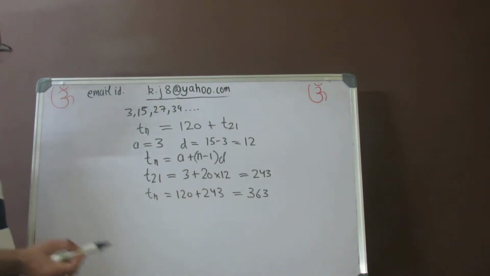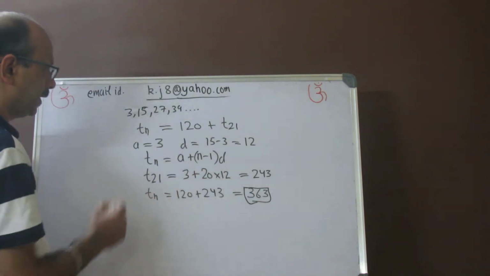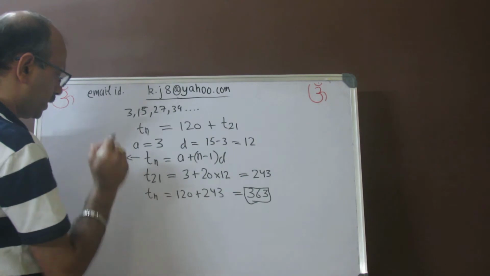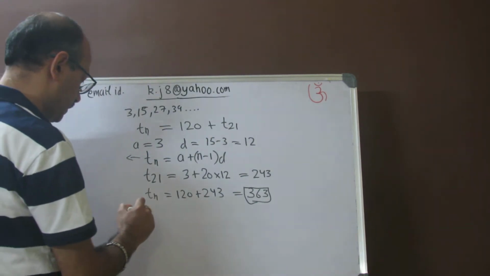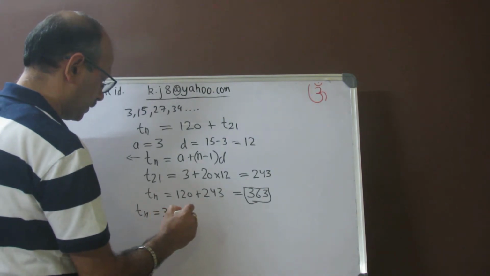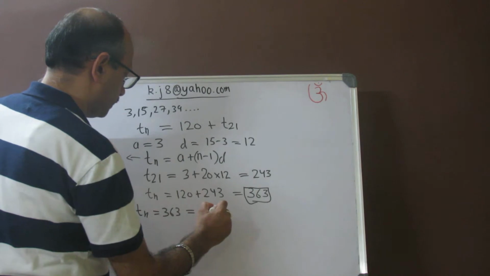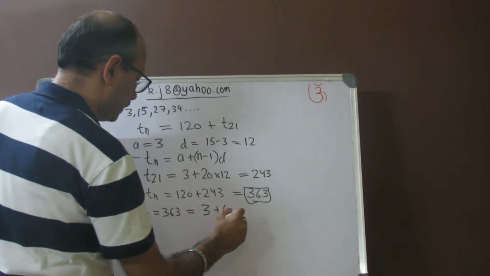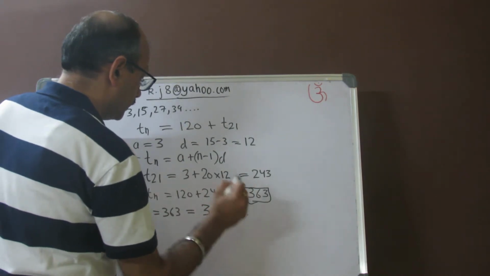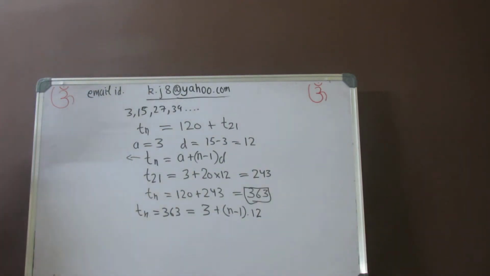Now we will key in all this information in the formula again, and now we will write Tn, which equals 363, equals A, which is 3, plus n minus 1 into D, which is 12. Clear?